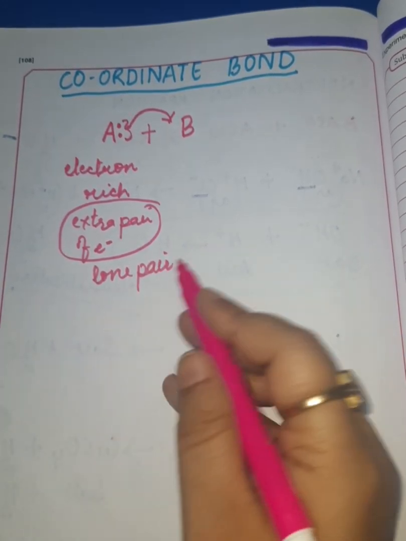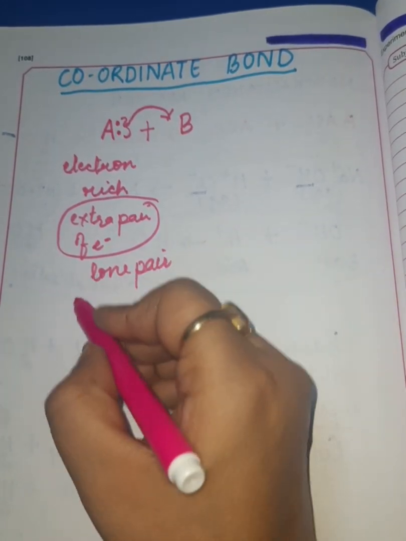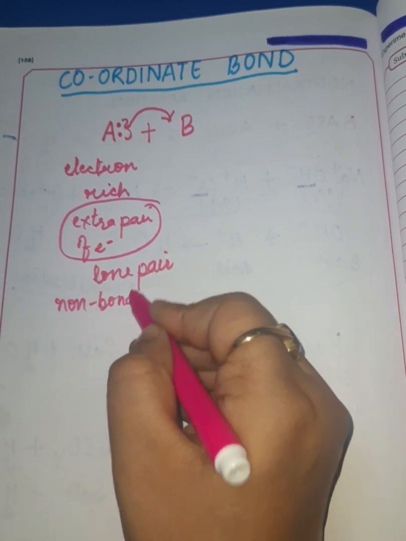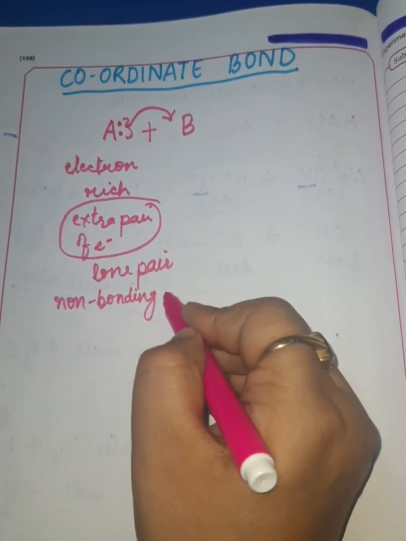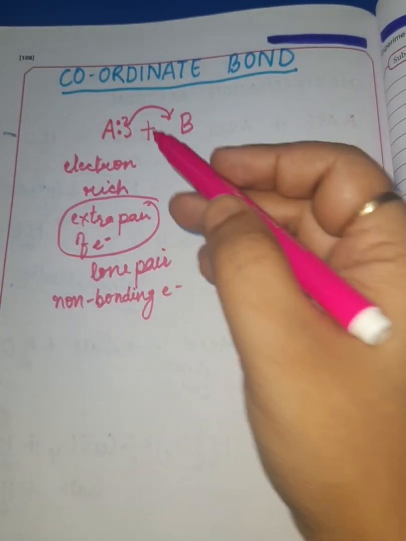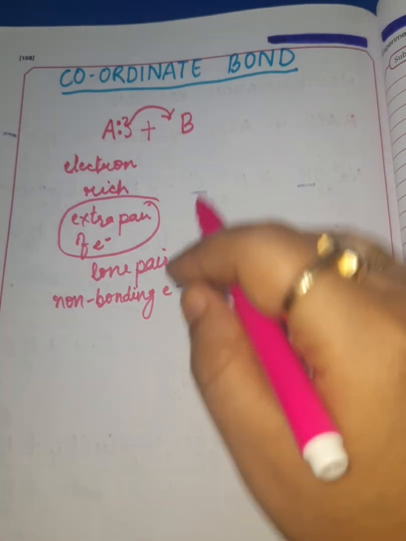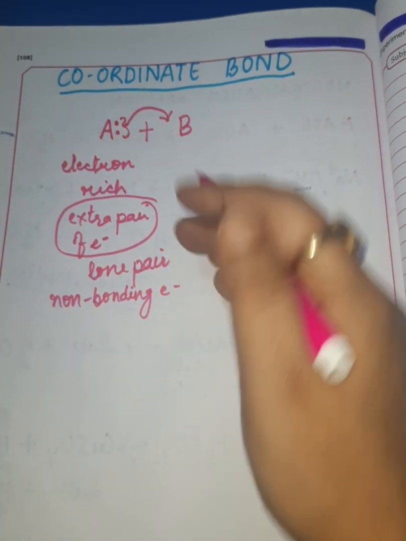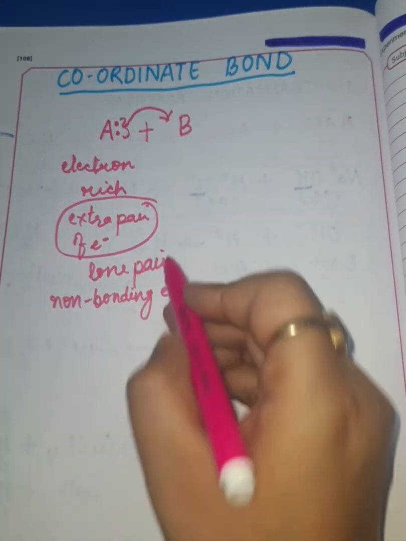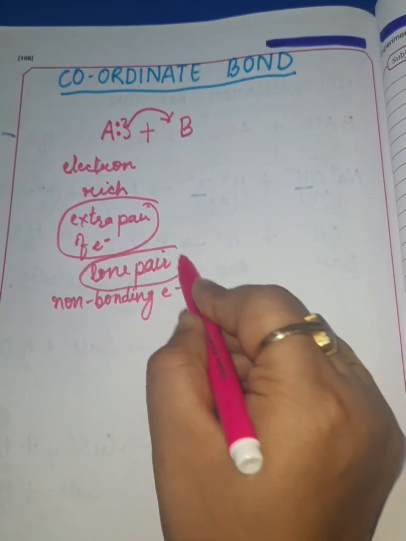And we know what the lone pairs are. Lone pairs are non-bonding electrons. That means they are those pairs of electrons which are not involved in the bonding. They are extra pairs of electrons. So one atom should be electron rich. It should have a lone pair.